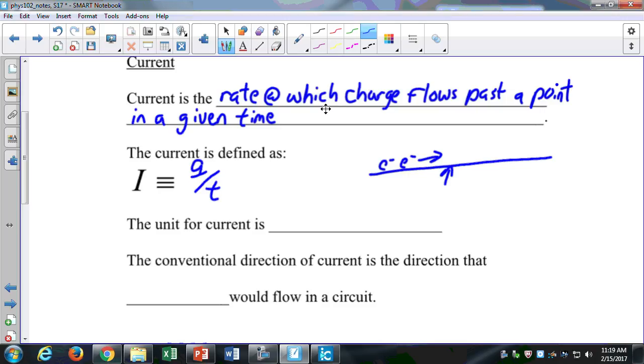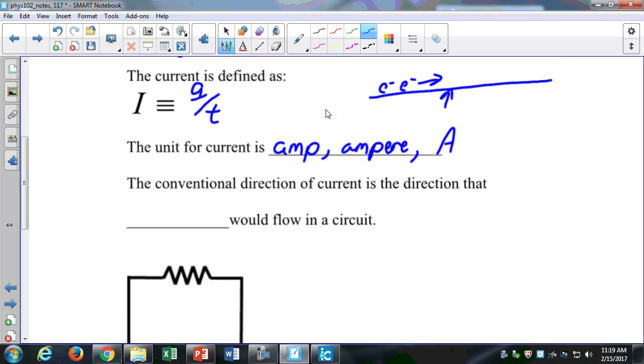And so the unit for current is the amp. This is short for ampere. We abbreviate it either as an amp or we can capitalize it because it's based on a person's name. And 1 amp is equivalent to 1 coulomb per second.